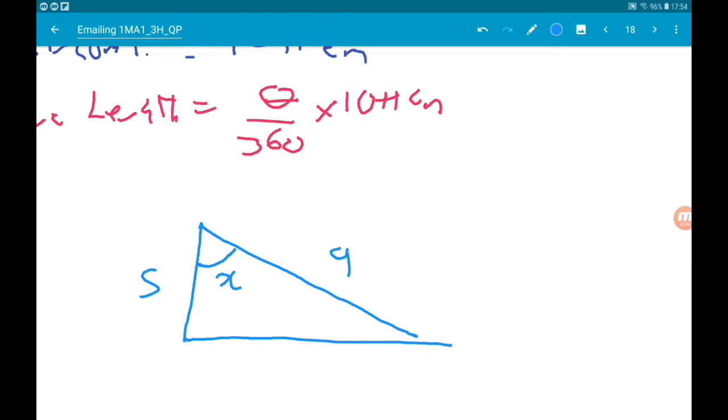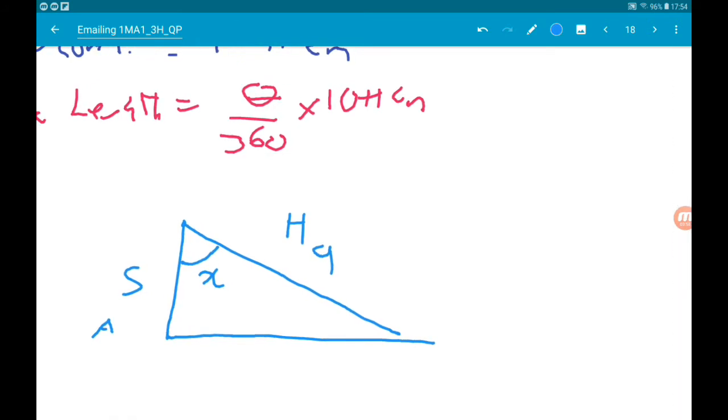So let's call it X. Now with respect to angle X, this is the adjacent, this is the hypotenuse. So is it sin? No. Cos? Yes. So we know that cos X is 5 over 9.